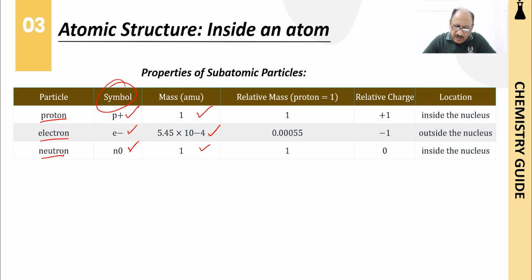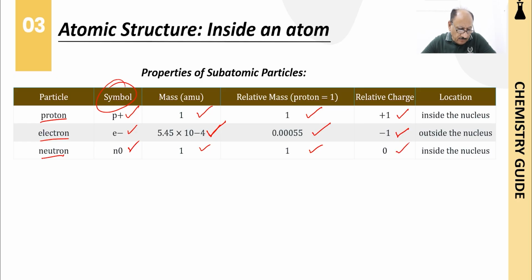So the relative masses will be 1 and 1, and this one is in standard form, and this is the ordinary number, which is 0.00055. And then relative charge. The electron is negatively charged, whereas the proton is positively charged, and the neutron is a neutral particle, so we can say 0.